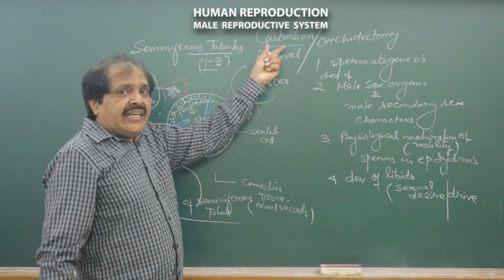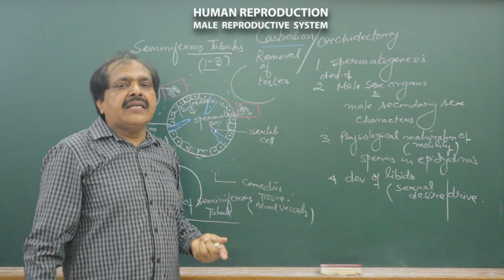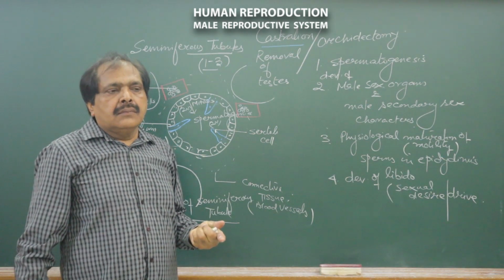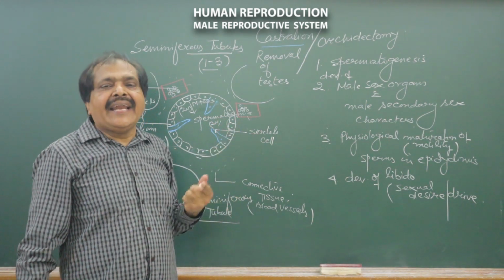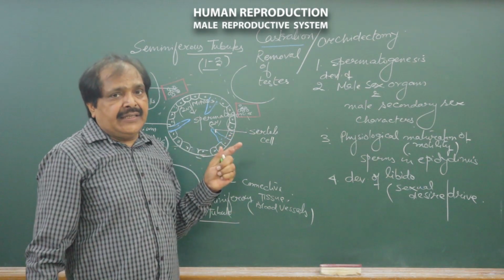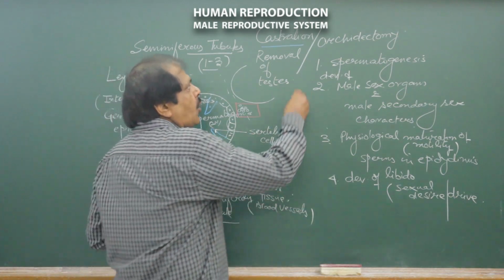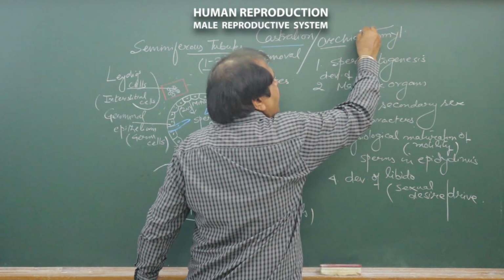It can be done surgically also, or it can be done by some chemical methods also, that by chemicals the testes are inactivated. Or if they are removed surgically, then this is called orchidectomy. Ectomy means to cut.